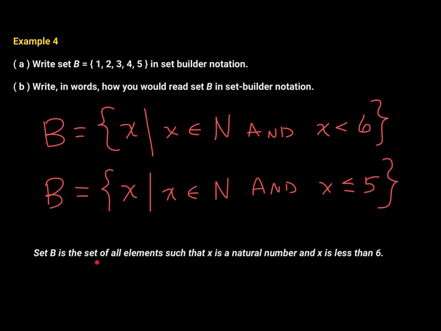So set B is the set of all elements such that X is a natural number and X is less than 6. That's how you would read this in words. And of course, this is the same way. Set B is the set of all elements such that X is a natural number and X is less than or equal to 5.